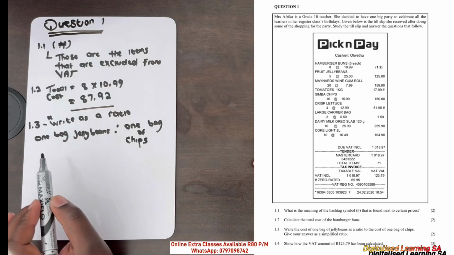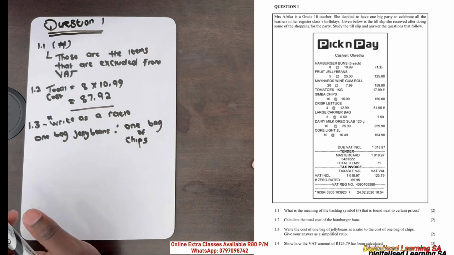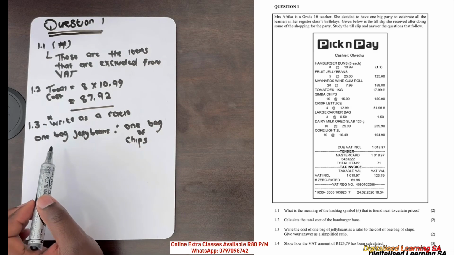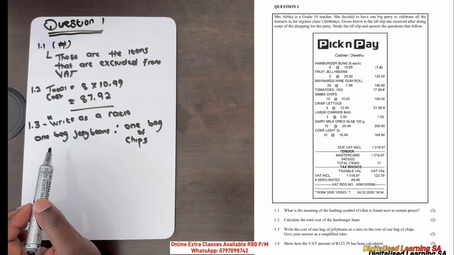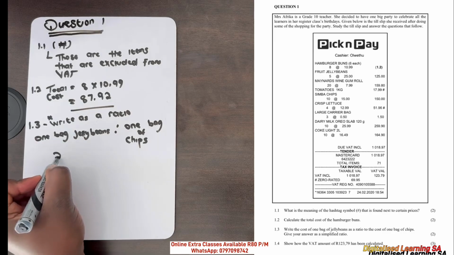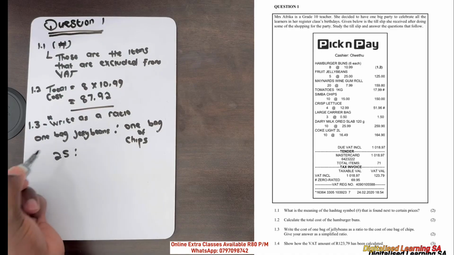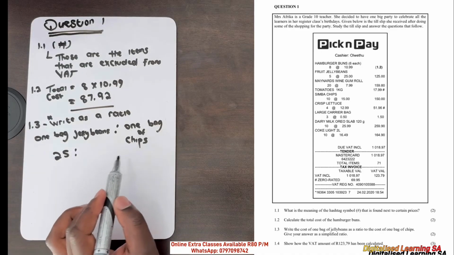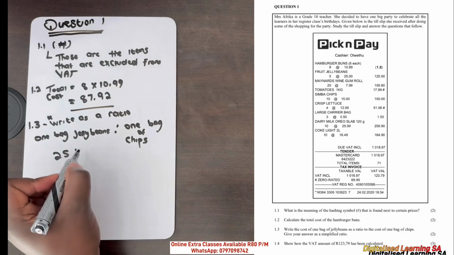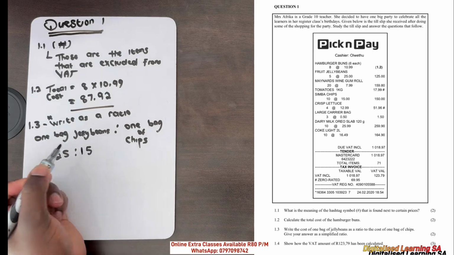Now we have written our ratio in words. Now we need to replace it with actual numerical figures. If we go back to our slip, we can see that 1 bag of jelly beans costs 25 rand, so we write 25 to, and then 1 bag of chips, written as Simba chips, costs 15 rand.